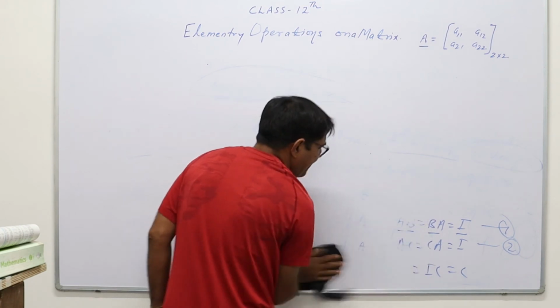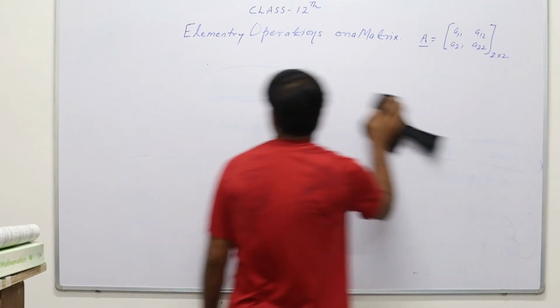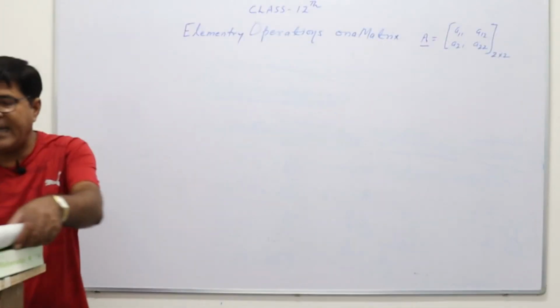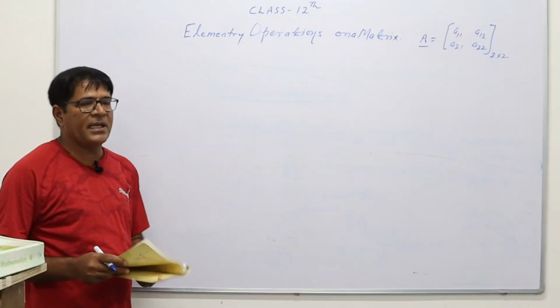This is a very important topic, the elementary row transformation, and using this we will find the inverse of a given matrix, and damn sure a 4 marks question comes every year in the board exam.